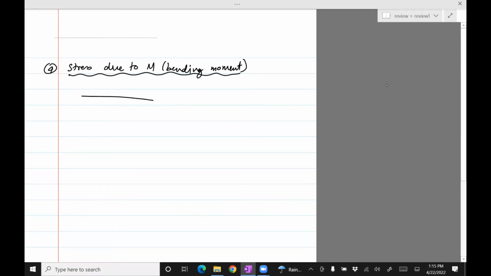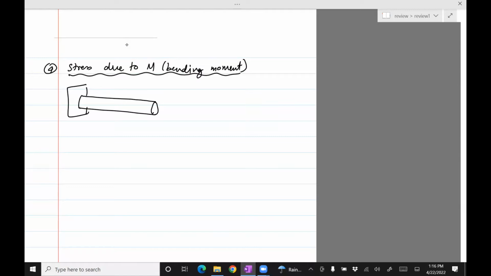In this case, let's consider a similar shaft and then subject it to a moment.